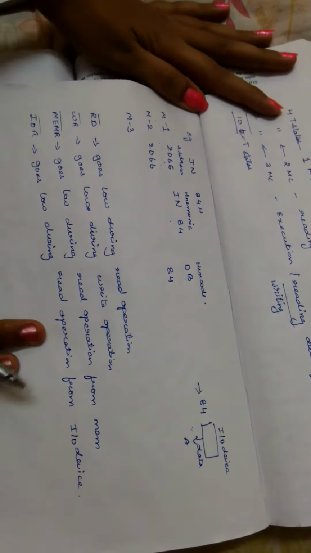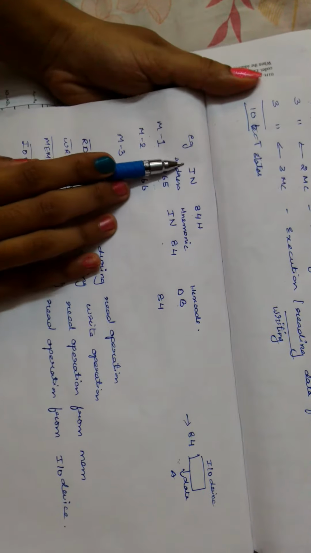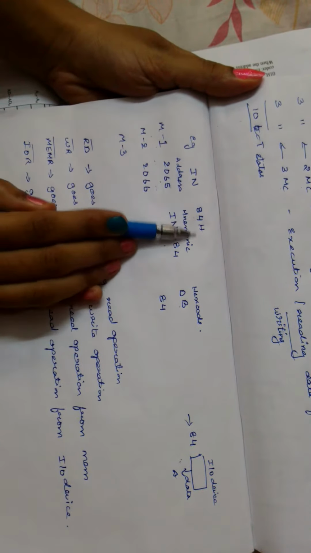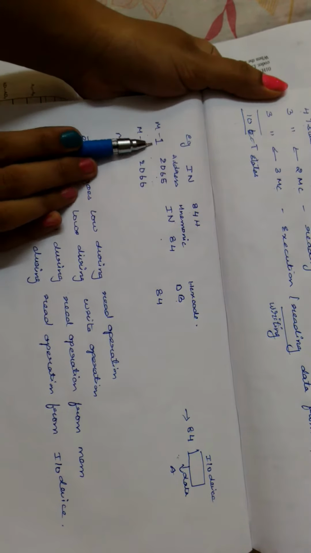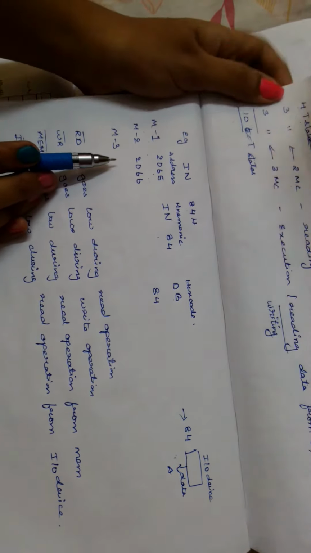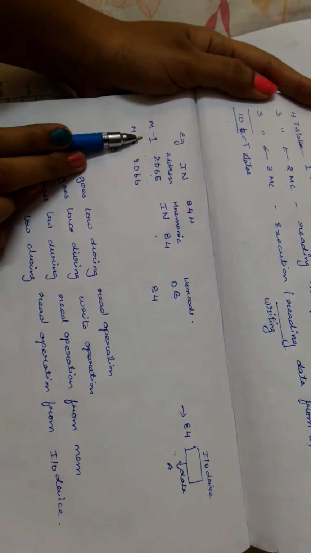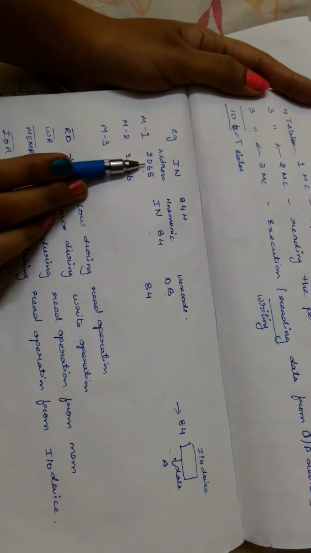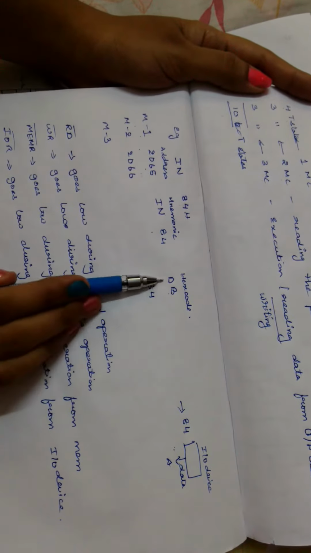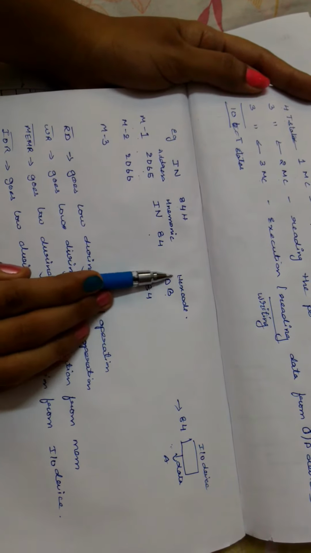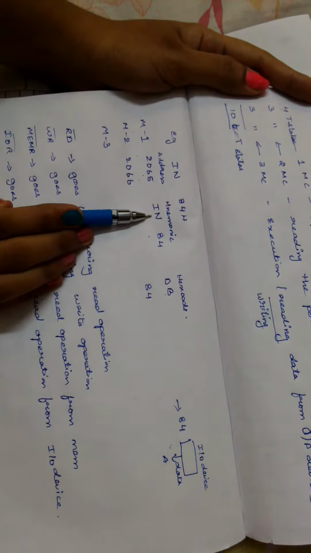In order to give you clarity, let me consider an example: the IN instruction with the port address 84. Suppose that we are writing our code at 2065. Then the first machine cycle starts with 2065, which reads DB hex, the hex code for the IN instruction.